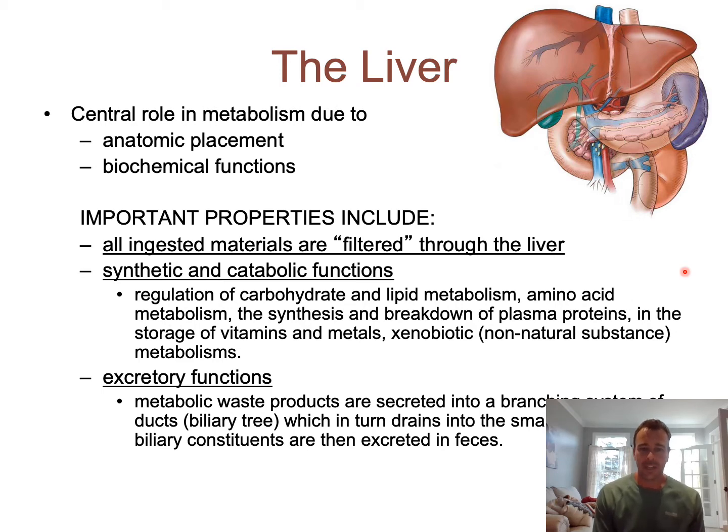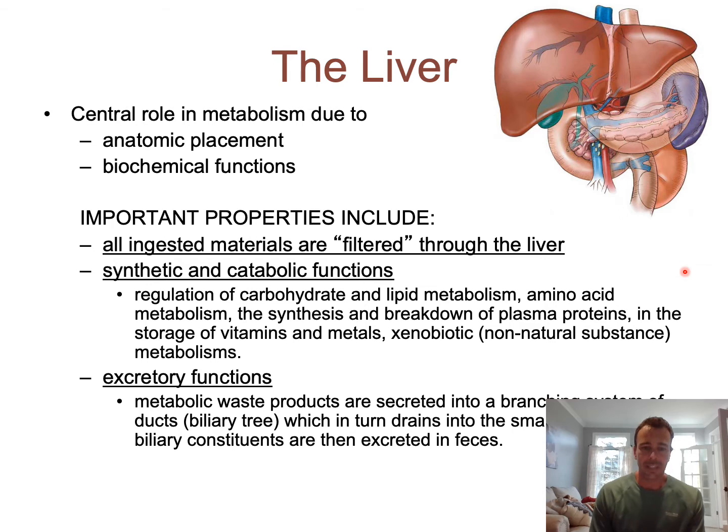It also has synthetic and catabolic functions, which we'll talk about some of today. Things like regulating carbohydrate and lipid metabolism, amino acid metabolism, synthesis and breakdown of proteins, storage of vitamins and metals, as well as metabolism of non-natural substances such as drugs.